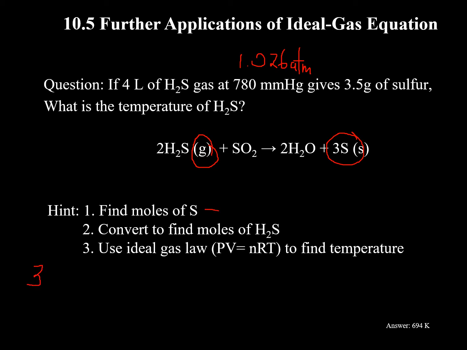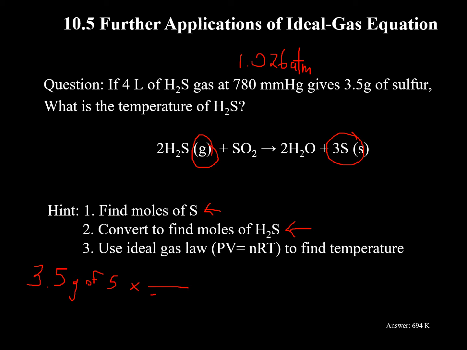As step 1 says, we need to find the moles of sulfur, use the balanced chemical equation to find the moles of H2S, and then use PV equals nRT. So 3.5 grams of sulfur, we have to divide by the molar mass.